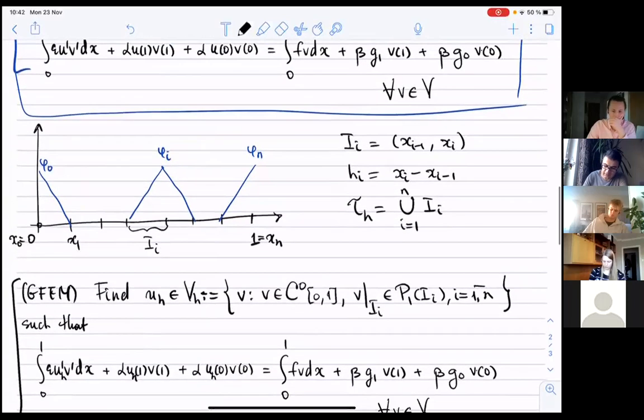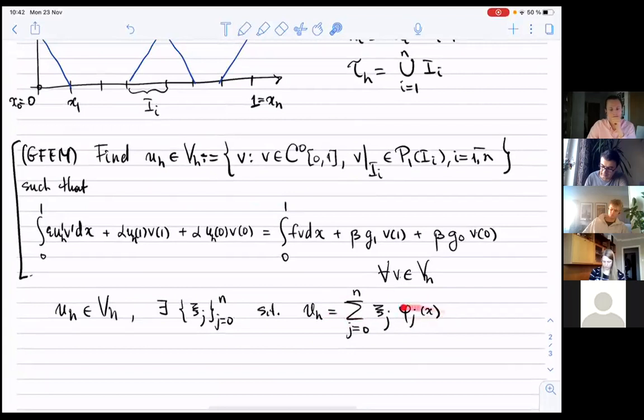So it is basis functions on this picture. You can just write it as a linear combination. So the next step is we insert that into the weak formulation, now the finite element formulation, and we also replace V with phi I, and we get the following system of equations.